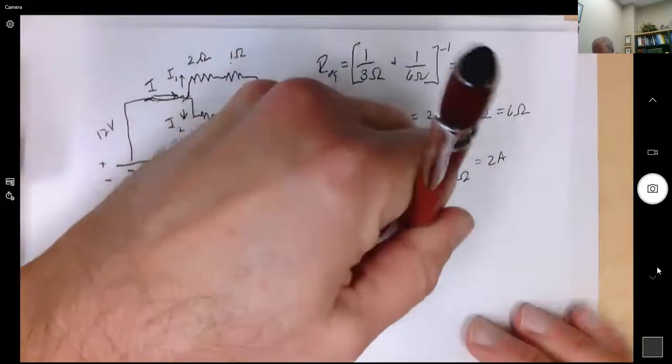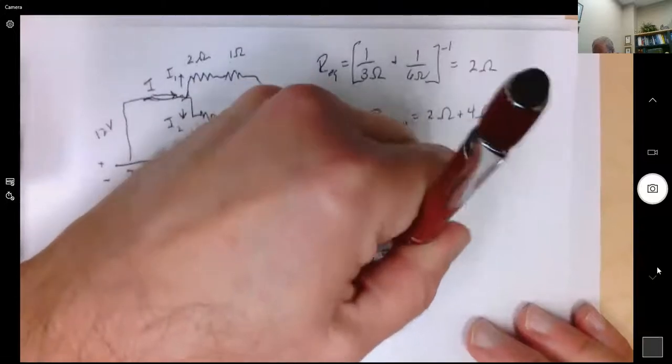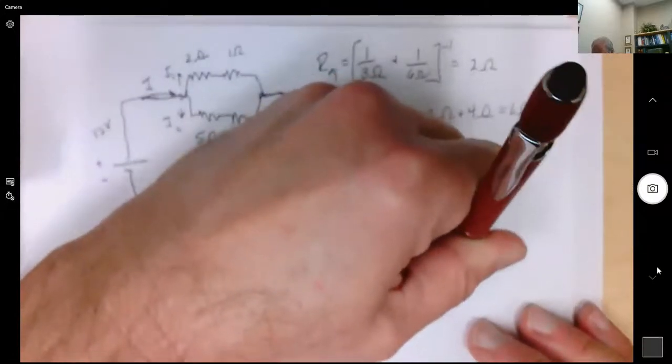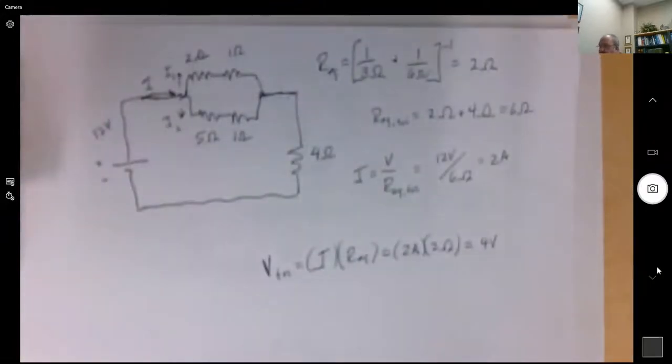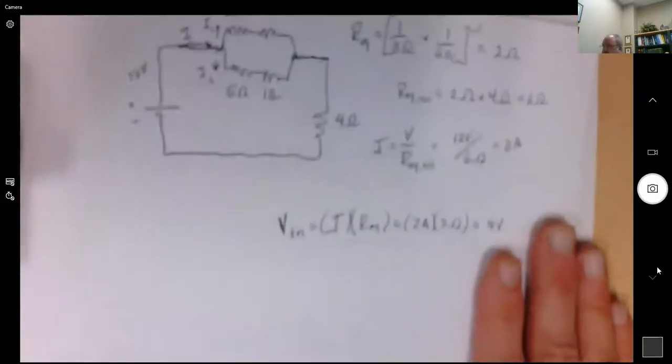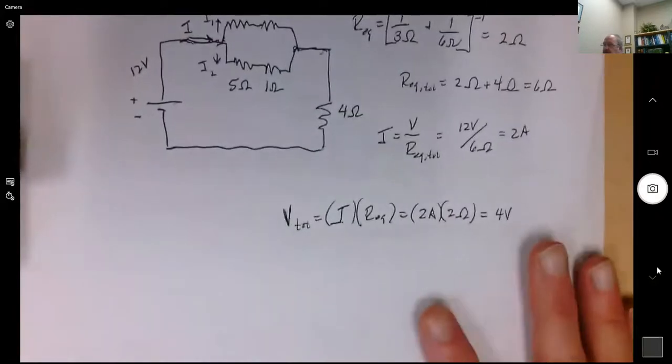So that gives me 2 amps times 2 ohms. So I know that I lose 4 volts over that equivalent circuit. So I've lost 4 volts over that equivalent circuit.